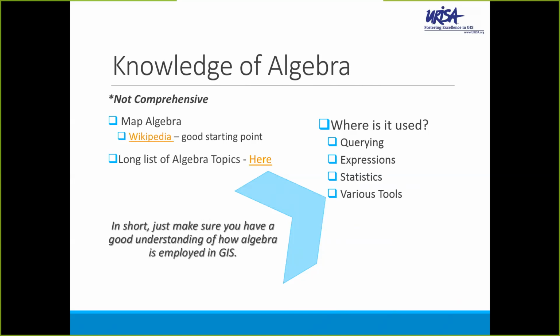In short, just make sure you have a good understanding of how algebra is employed in GIS, and it's employed in many different places. And when you're doing expressions or queries, there are so many different places you can use it. You can use it when you're trying to represent data, or when you're actually doing analysis to get a specific answer, or to answer your question, basically.